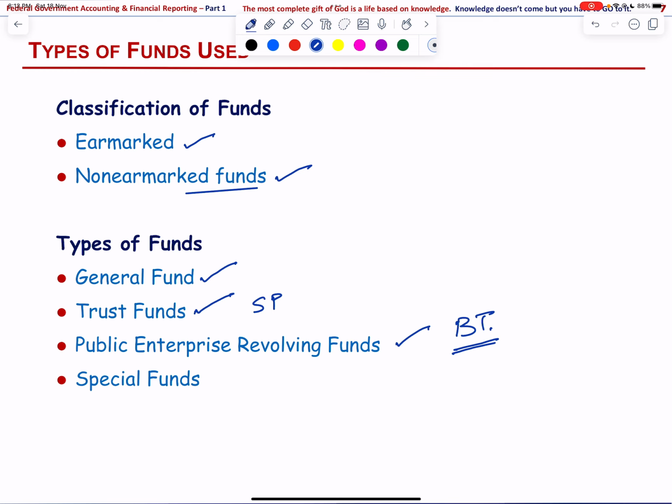Then we have a special fund, and as the name suggests, these funds are used to account for resources from specific sources earmarked by law for special purposes and for spending in accordance with specific legal provisions.